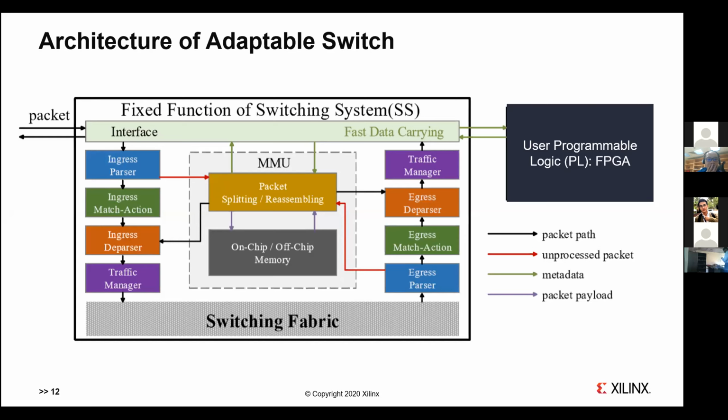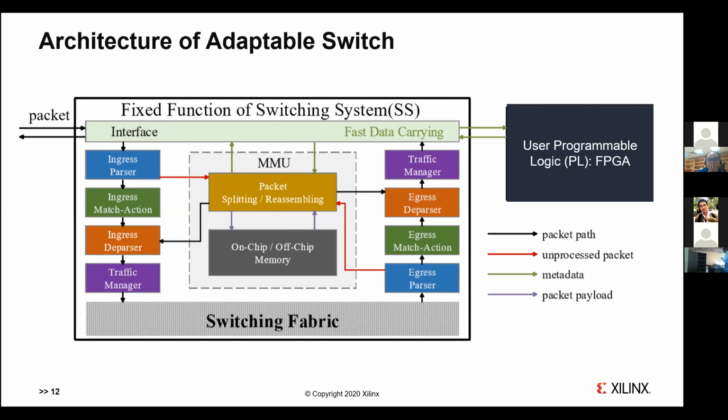As you can see, the left big box is the fixed function switching system. And the right-hand side is the programmable logic system. We could simply use FPGA or ACAP or other kind of MPSoC, right?